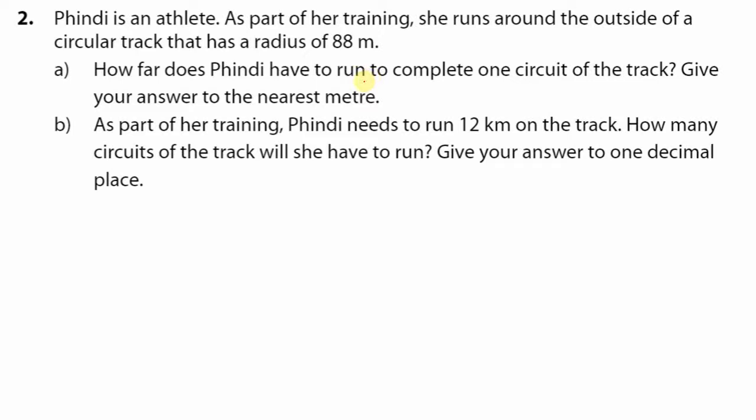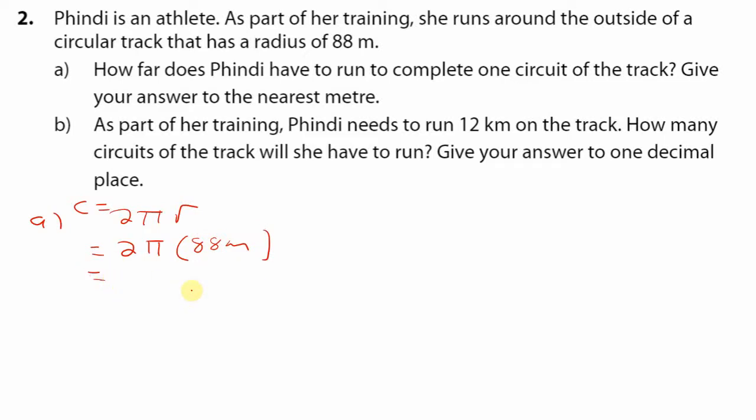So one circuit means simply calculating the perimeter. So let's do that. Perimeter, or circumference, is 2 times pi times radius, and in the place of radius we now have 88 meter.